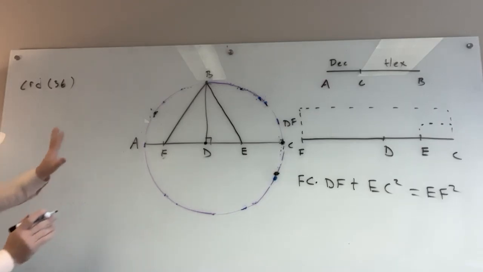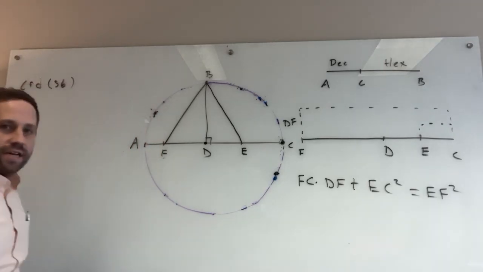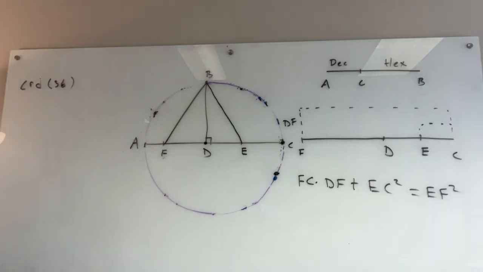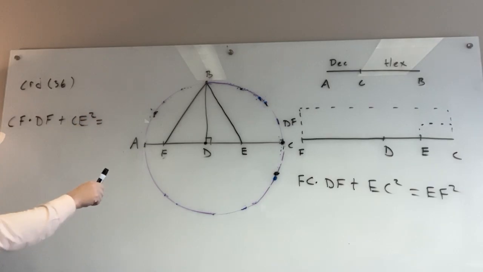So what can we do with this then? What it tells us, using the letters that we have on the board, and maybe I'll try to put the line segments' letters in alphabetical order just to have some sort of uniformity here. So CF times DF plus CE squared is equal to EF squared.